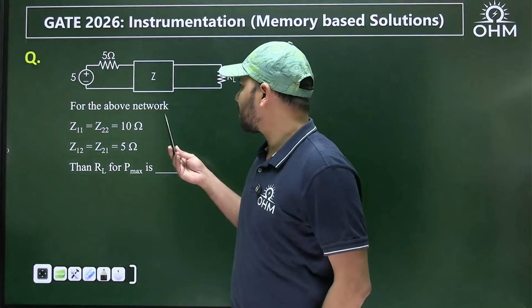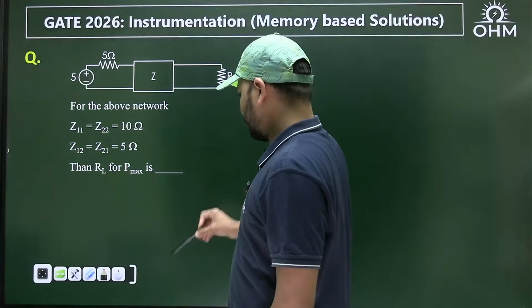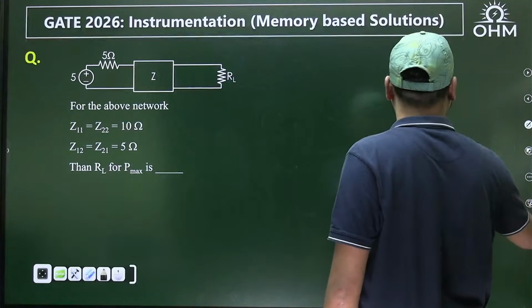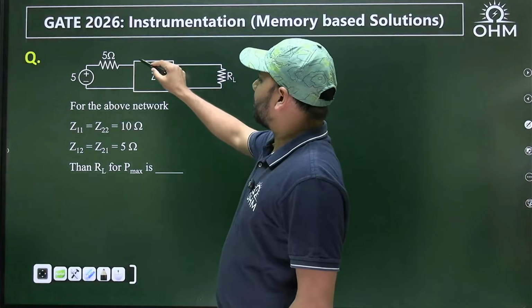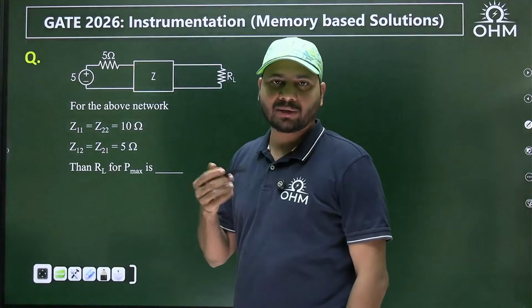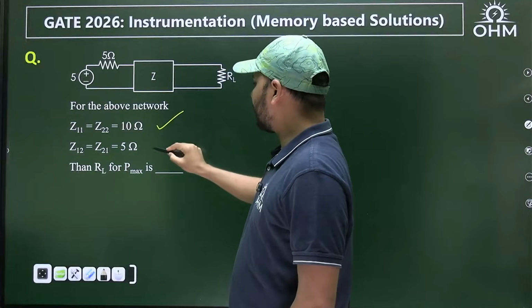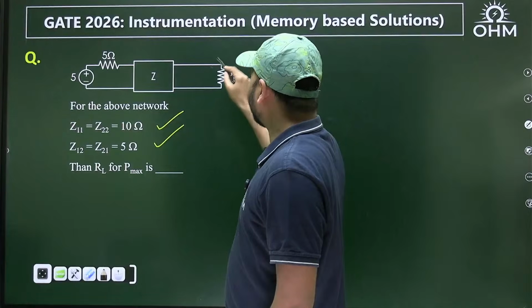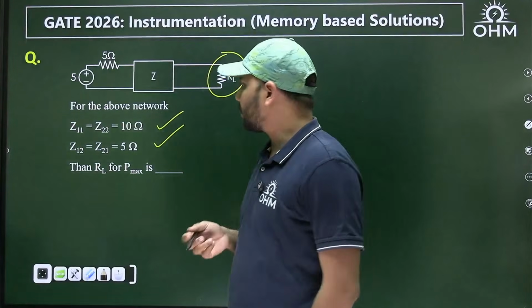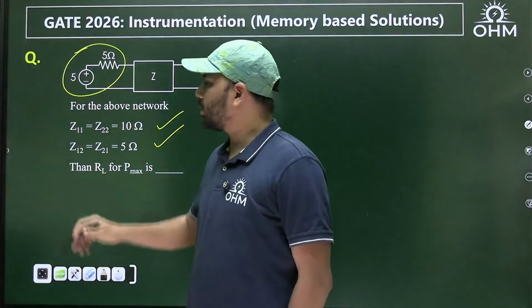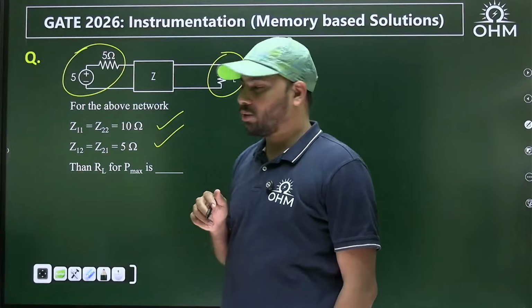So this is the first question. This box over here is a 2-port network for which the Z parameters are given. And across the output port, a load resistance is connected, and across the input port, a voltage source is connected with an internal resistance of 5 ohms.